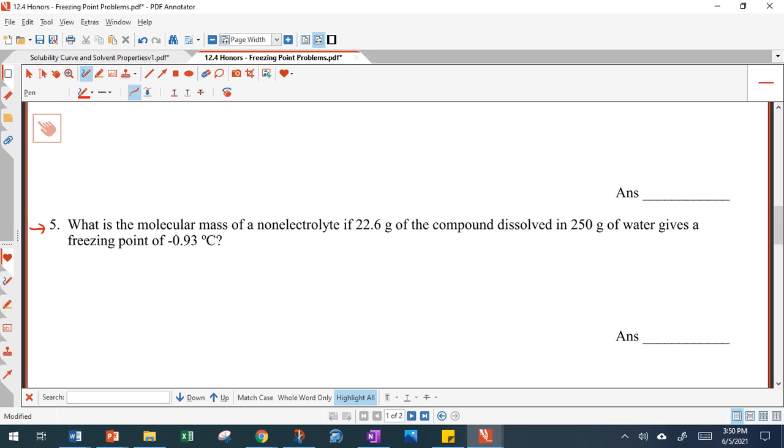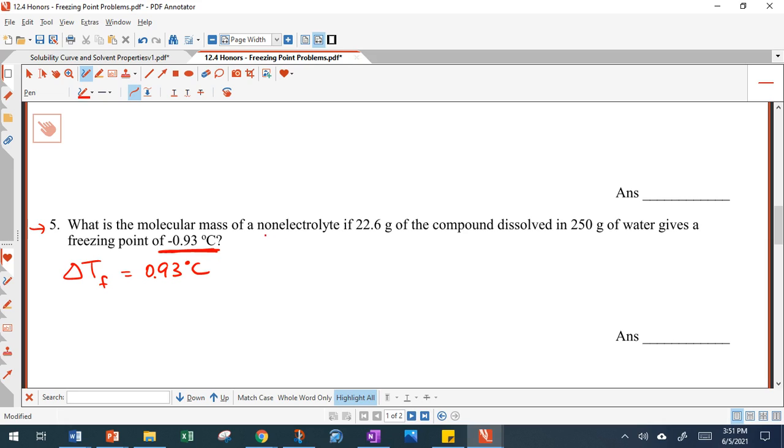So in a situation like this, let's do this one together. You're going to have to work backwards, and this information here is going to allow you to calculate the delta T. So you have to remember, water has a freezing point of 0. So to have a freezing point of negative 0.93, we know that delta TF is equal to 0.93 degrees Celsius. So we have this information.